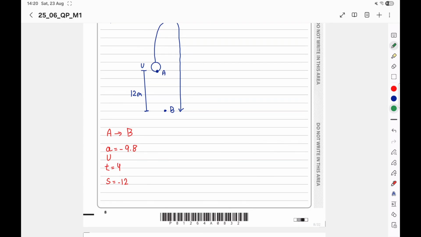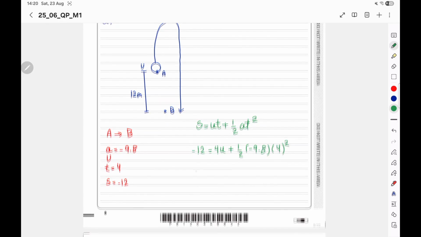I have 3 givens, easily plug them in. S equals ut plus half at squared. S is equal to negative 12, u times t for u, plus half multiplied by negative 9.8 multiplied by t squared for 4 squared.